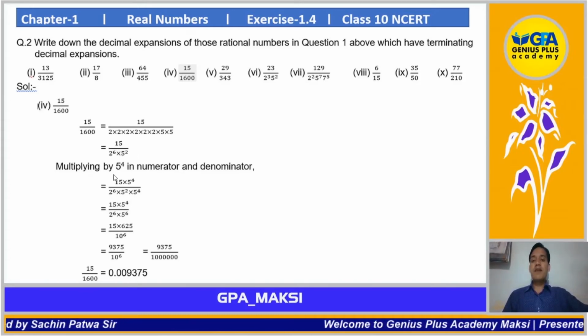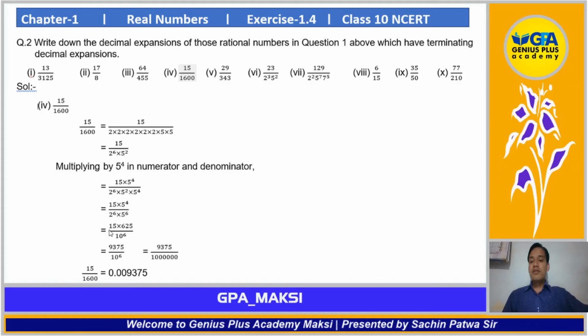On multiplying by 5 raised to 4 in numerator and denominator, we get 15 into 5 raised to 4 by 2 raised to 6 into 5 raised to 2 into 5 raised to 4. Both 5 raised to 2 into 5 raised to 4 change into 5 raised to 6. So 15 into 5 raised to 4 is 625, and 2 raised to 6 into 5 raised to 6 is 10 raised to 6.